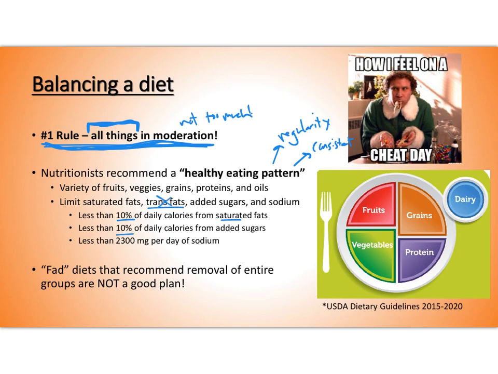They urge us to eat less than 10% of our daily calories from added sugars, which would be things like sweets, right, versus the sugars we would get in grains or fruits or vegetables. And they also encourage us to have less than 2,300 milligrams of sodium a day. Too much salt does a lot of stuff to you, but it definitely affects your bloodstream, your blood pressure, and those sort of things. And so that's also a piece to dietary guidelines.